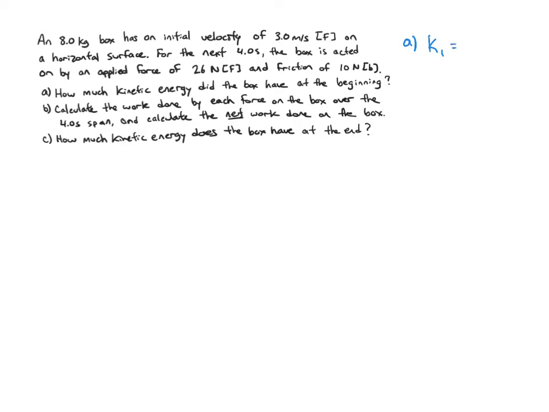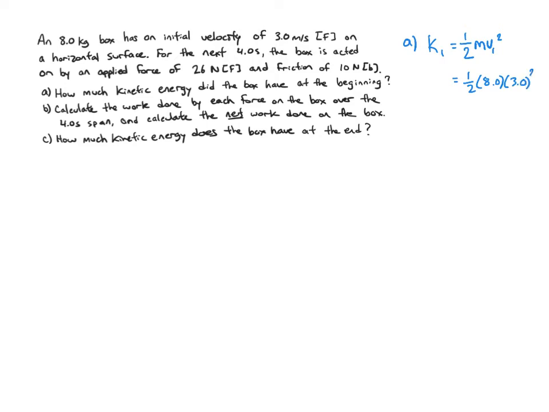And I'm simply going to apply the formula for kinetic energy, which is half mv squared. But I'm going to use V1 standing for the initial speed. So this can just be filled out. Half, the mass is 8.0, and the initial speed is 3.0.